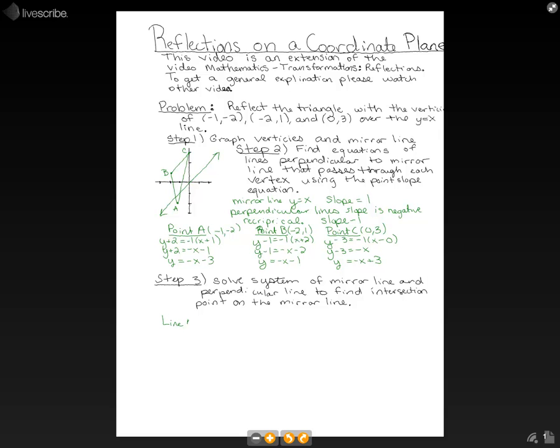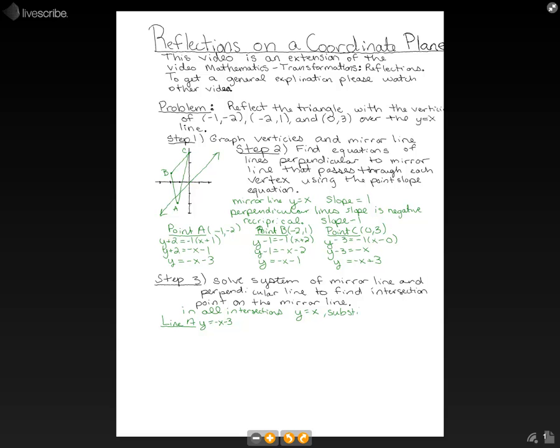So for line A, we know y equals negative x minus 3. Well, we know that in all intersections, y equals x because it's on that line.